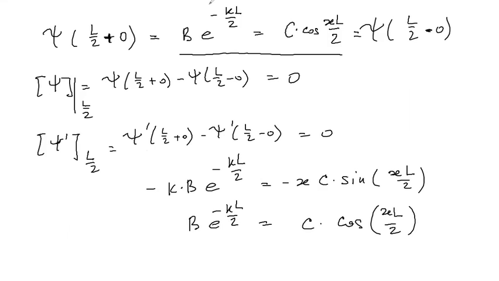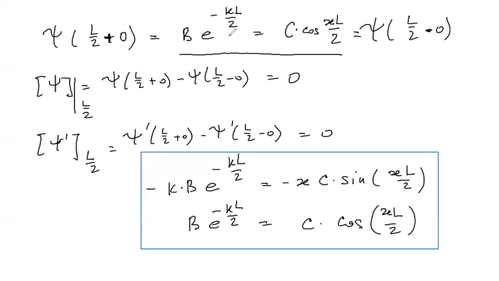Looks nice. I don't know B, I don't know C, I don't know K and kappa because they depend on energy, which I don't know. Interesting. What I can do from here, maybe I can divide left side by left side, right side by right side.